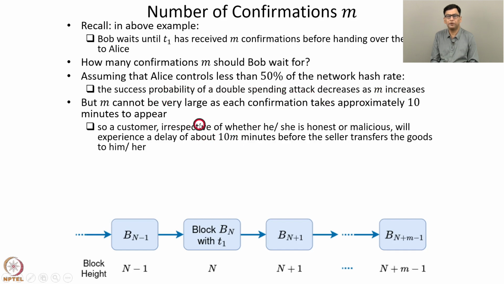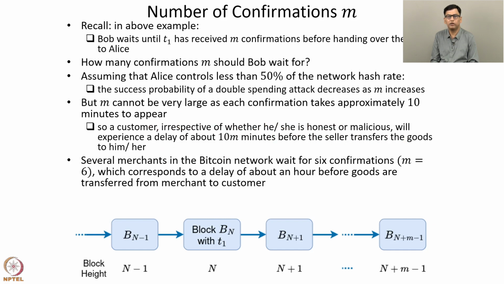So a customer, irrespective of whether he or she is honest or malicious, will experience a delay of around 10 minutes before the seller transfers the goods. As we mentioned earlier, several merchants in the Bitcoin network wait for 6 confirmations, that is m equals 6. That corresponds to a delay of 10 times 6, that is 60 minutes or 1 hour, before the goods are transferred from the merchant to the customer.